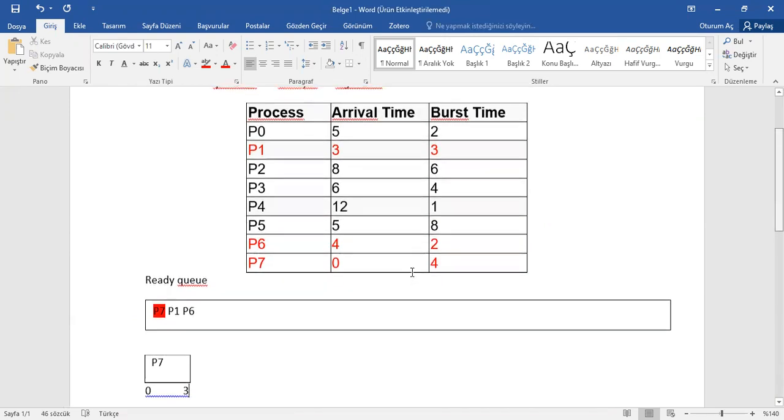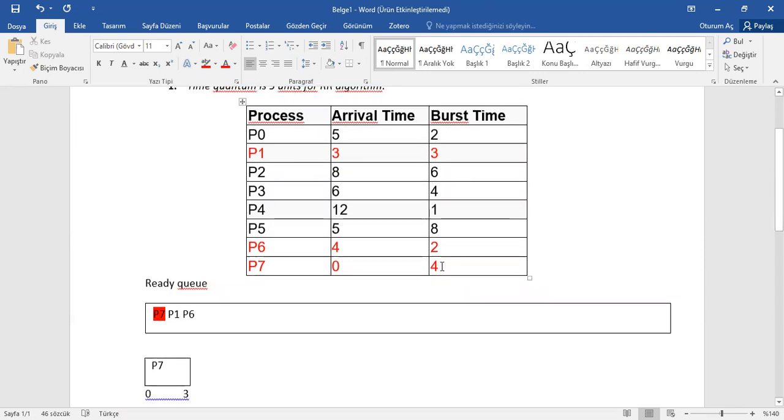So it is executed for 3 nanoseconds, and 1 nanosecond remains. So after that, P7 will be executed next. Right here, 1 remains, not to forget.